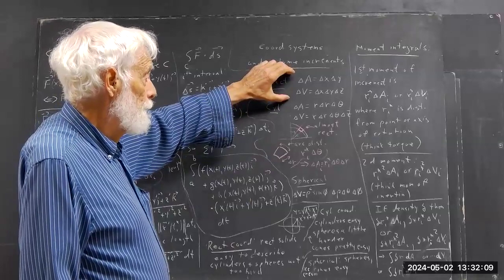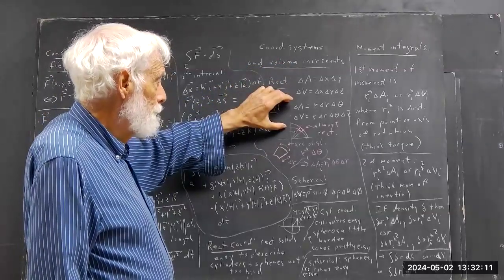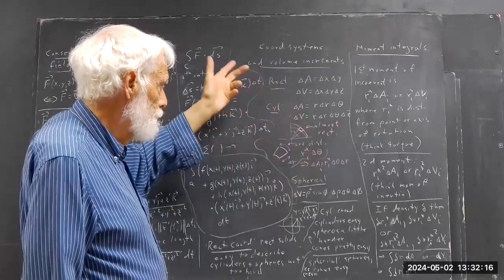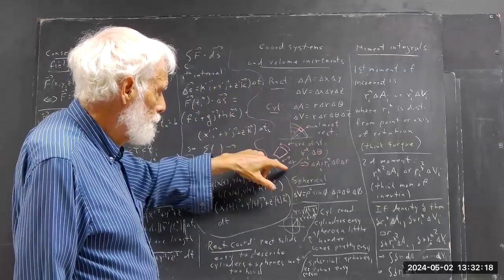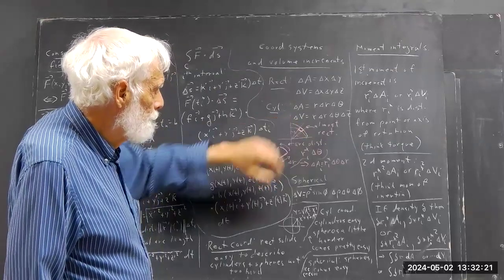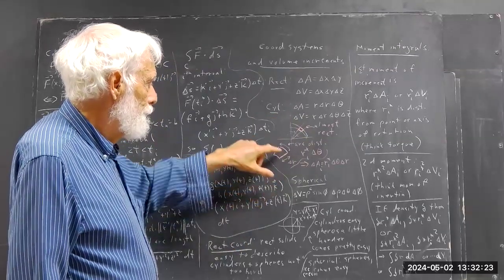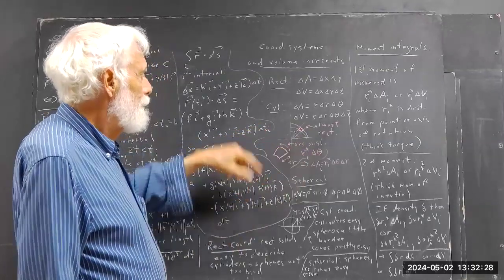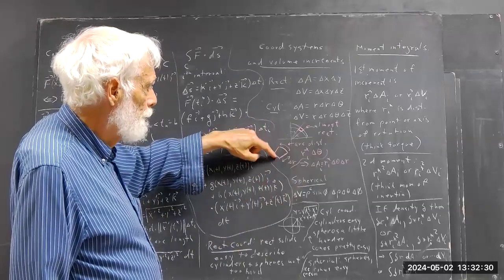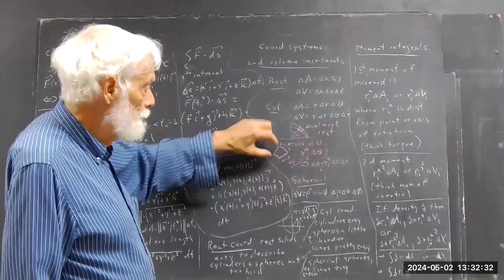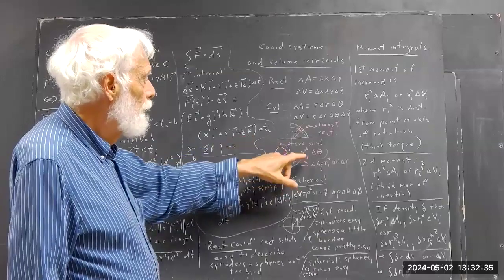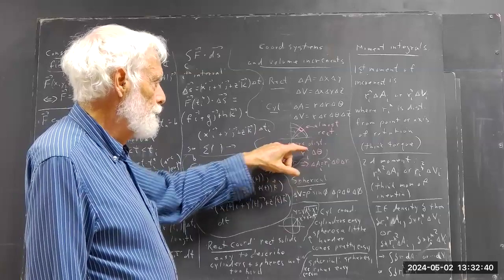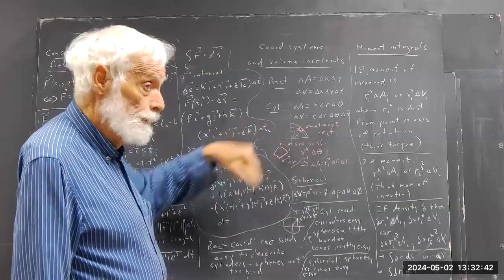Anyhow, there's your volume increment. And in cylindrical coordinates, you get your r delta r because of this picture. Here's your delta r, and this arc distance at this point is your r delta theta. Now your r delta theta is bigger here than it is here, but this is a small increment, so you just approximate both of them by Ri star delta theta, where Ri star is your sample arc between here and here.